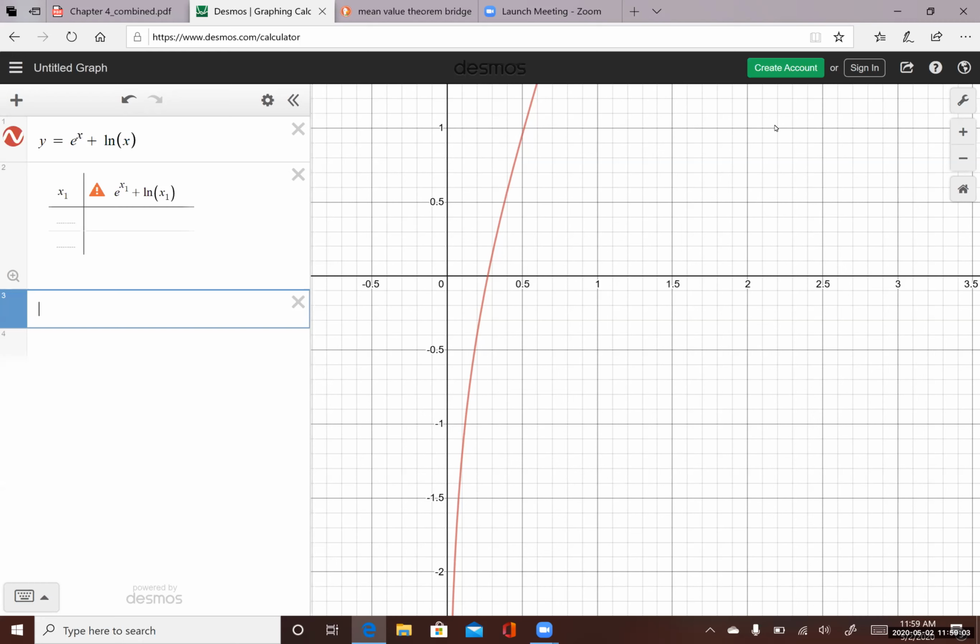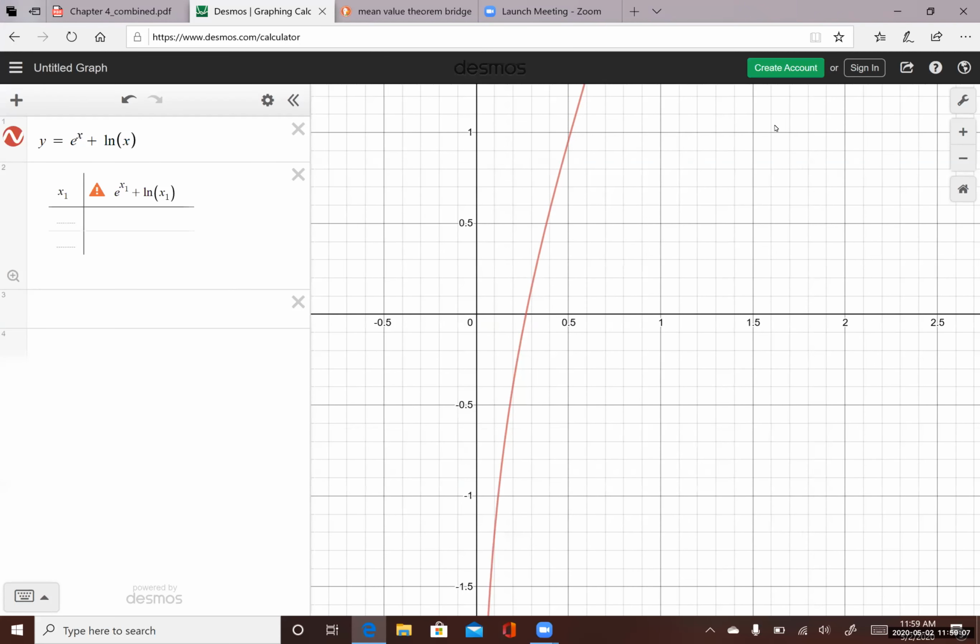So now if you look at the graph of this function, you can see the zero is somewhere between 0 and 0.5. But how can I get a good estimate of what that zero is?